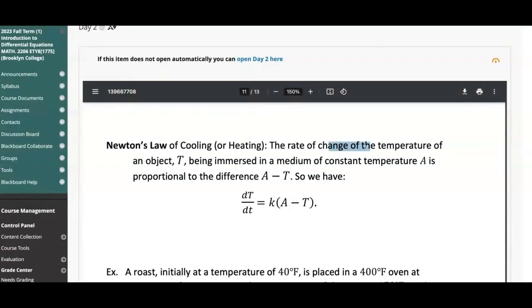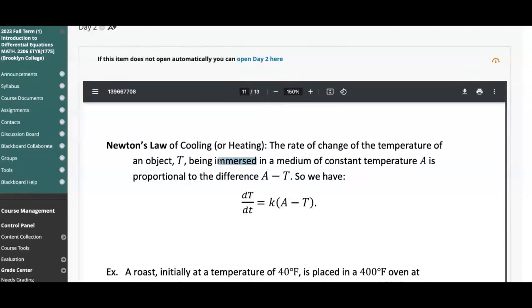The rate of change of the temperature of an object T being immersed in a medium of constant temperature A is proportional to the difference A minus T. So dT over dt equals K times A minus T. T is the temperature of the particular object, and A usually is the temperature of the surroundings.